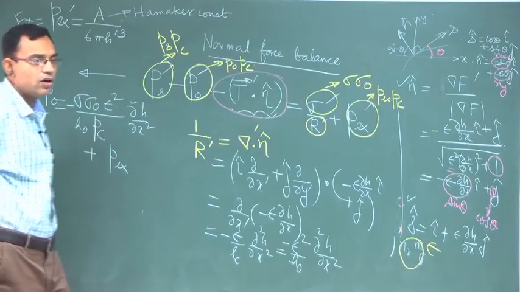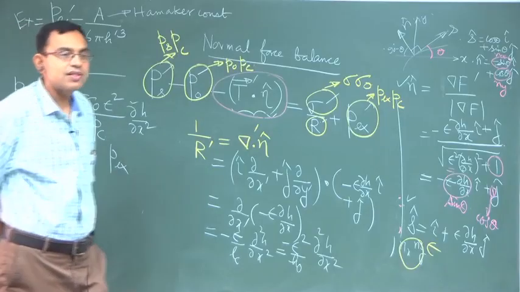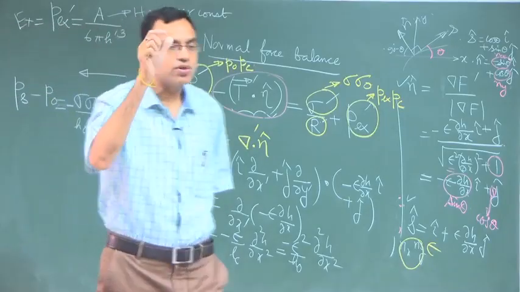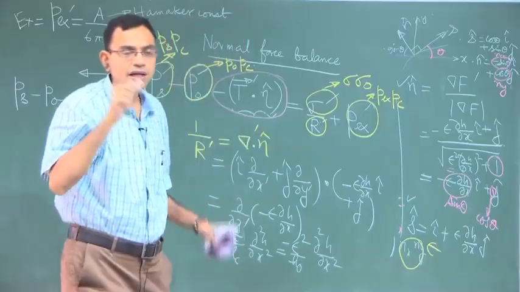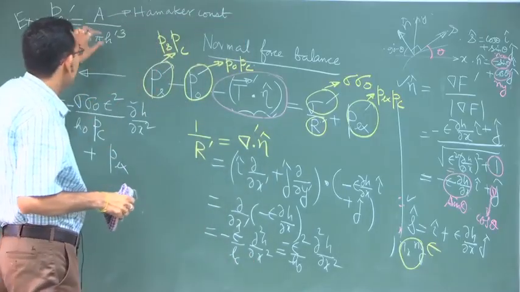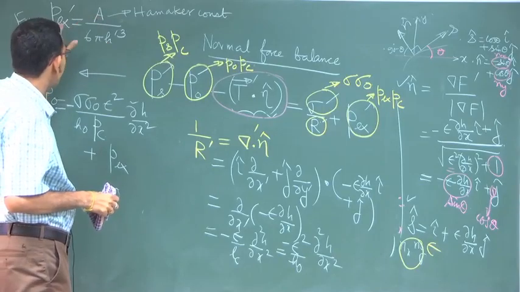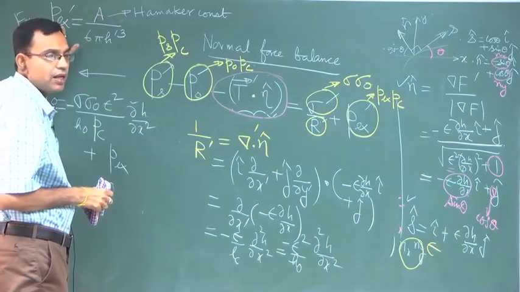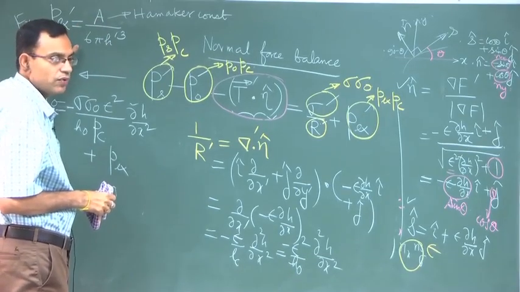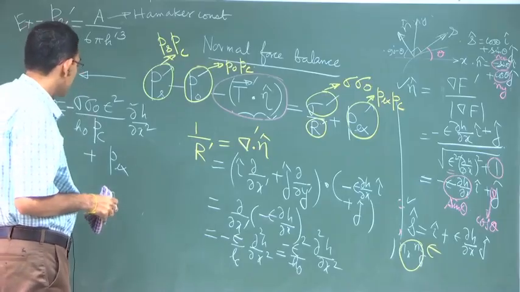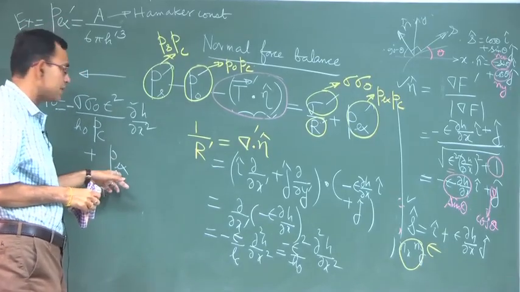This Hamaker constant gives you the strength of the van der Waals force, and you can clearly see that as the film thickness becomes smaller and smaller, this becomes very, very large and it can dominate over all other terms. So, this is a non-dimensional representation of that.